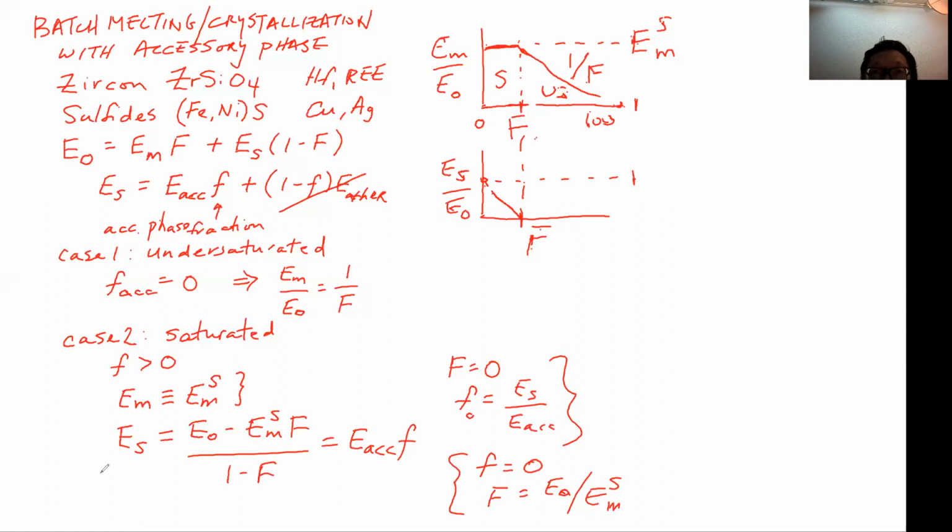And if I go back to this equation down here, F right here, this one, is the melt fraction at which your accessory mineral phase is completely exhausted. And you can see here that it depends on two quantities: how much you start with and the solubility in the melt.